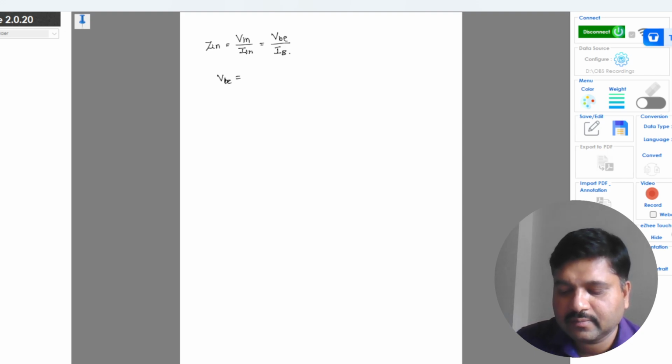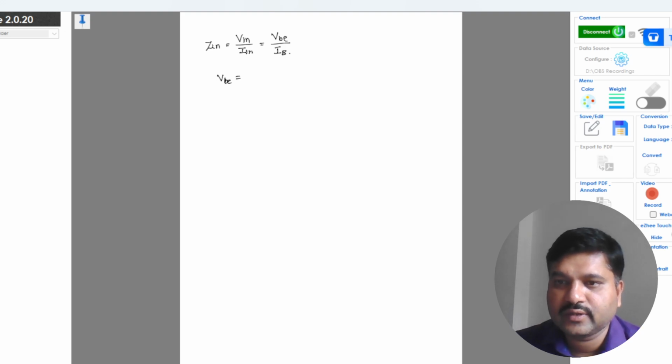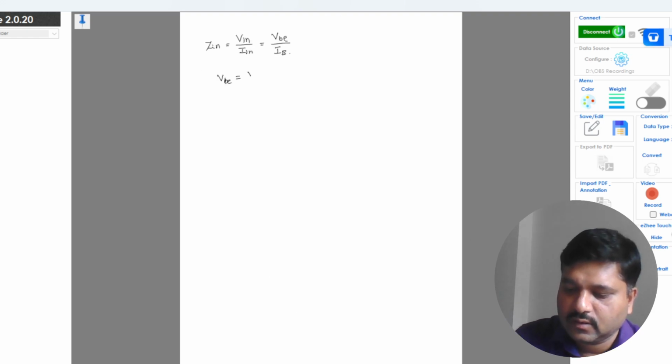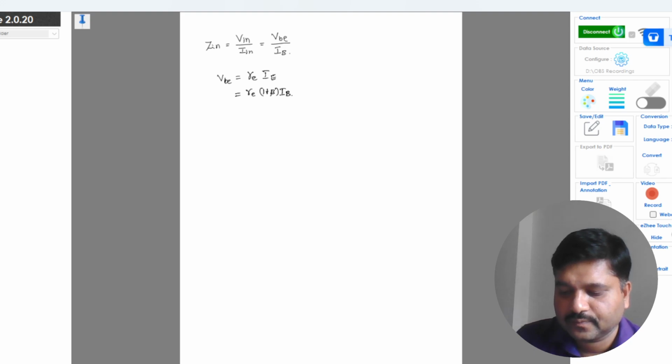VBE is the voltage across the resistance RE, which is equal to RE into IE, and IE in terms of IB is 1 plus beta times IB.